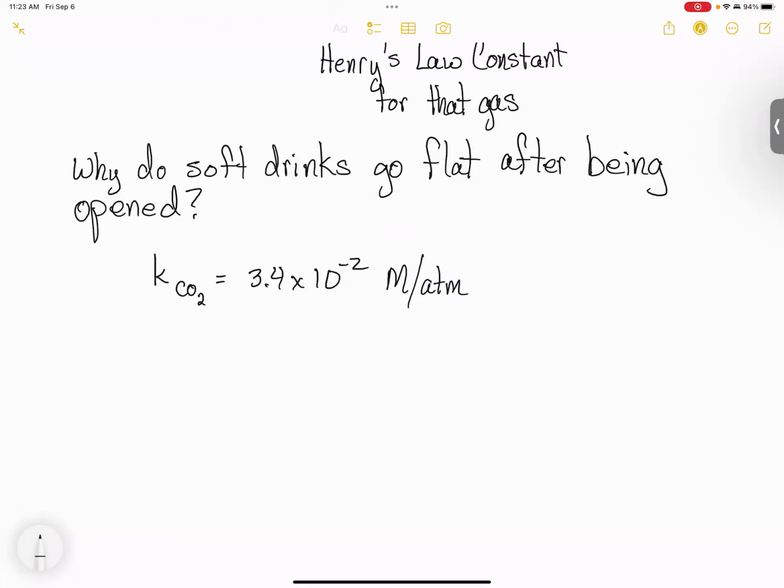That's 0.034 moles per liter of CO2 that will go into water at 1 atmosphere. That's not a whole lot.